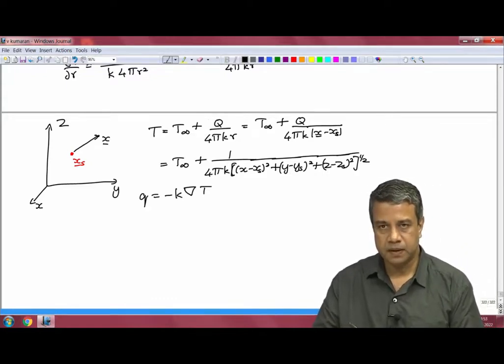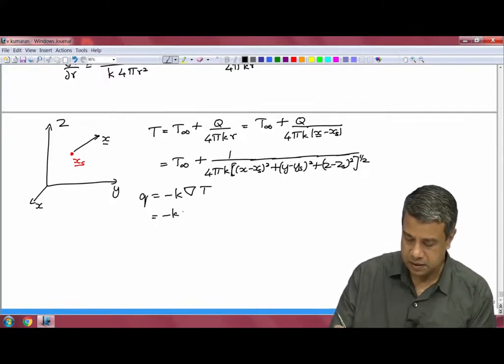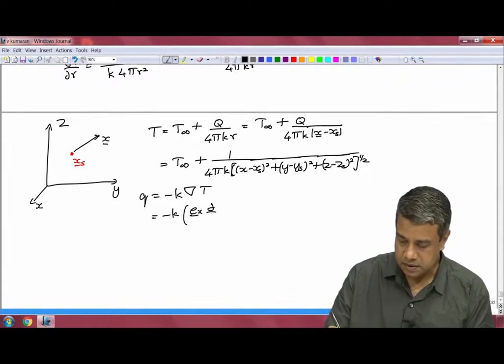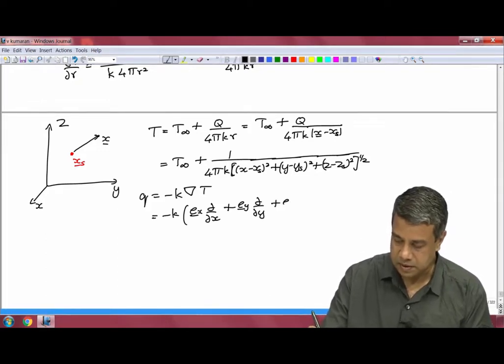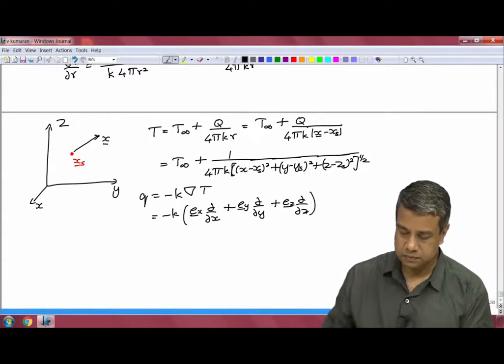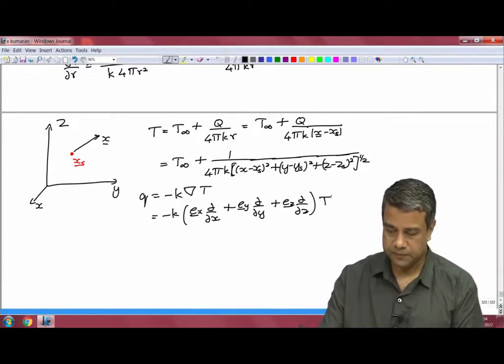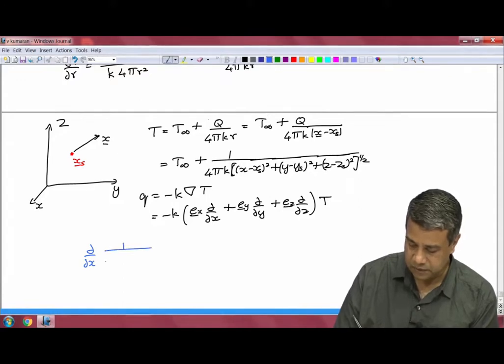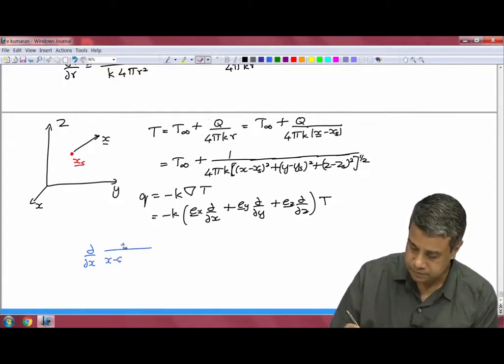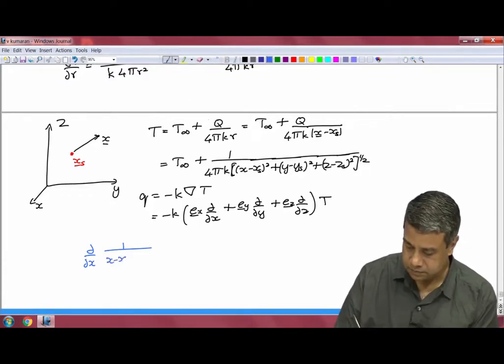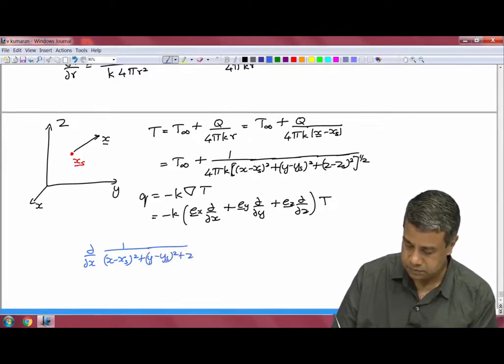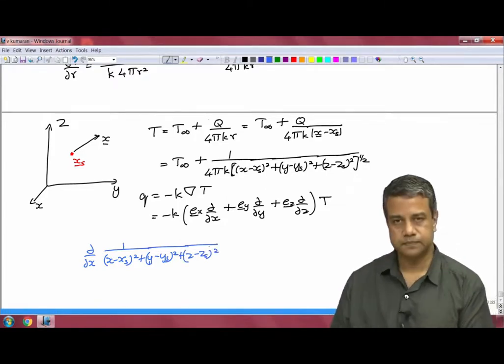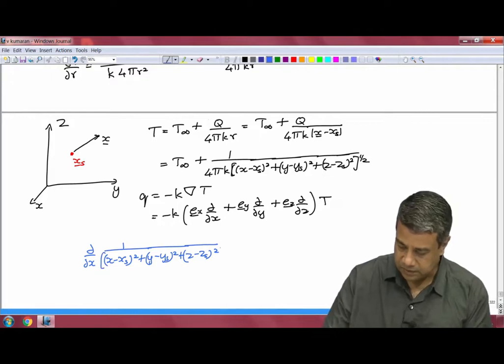And the gradient of temperature is Ex partial by partial x plus Ey partial by partial y plus Ez partial by partial z, of the temperature T. When I take partial by partial x of 1 over the square root of x minus xs the whole square plus y minus ys the whole square plus z minus zs the whole square, this whole thing to the half power, that is the distance.